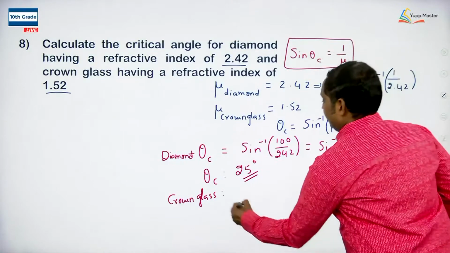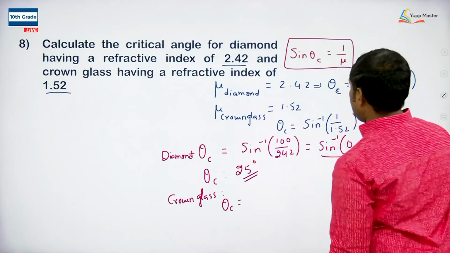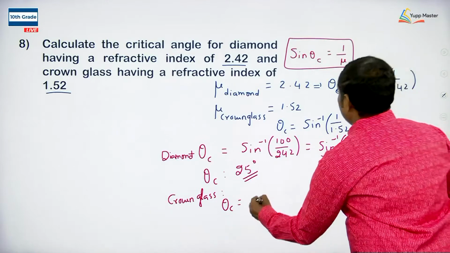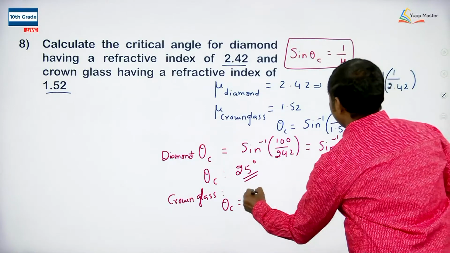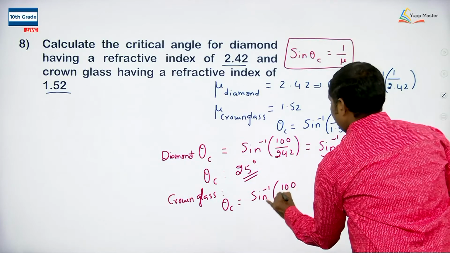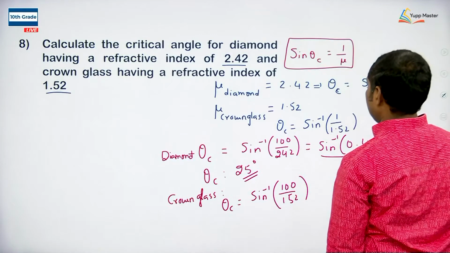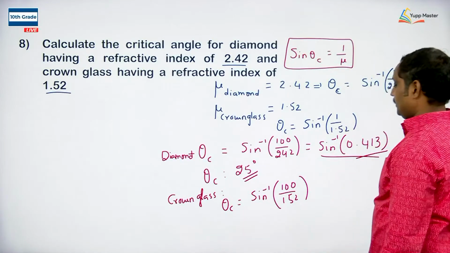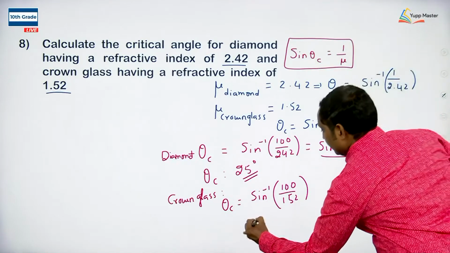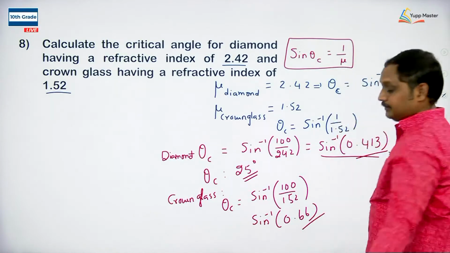Crown glass, that is theta c is equal to sine inverse 100 by 152, you will get sine inverse 0.66 approximately.